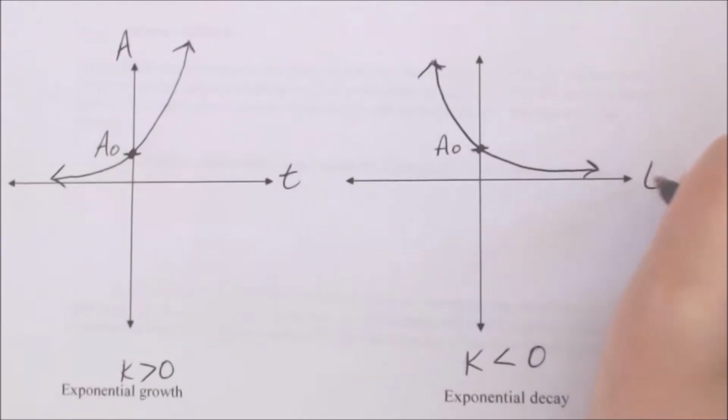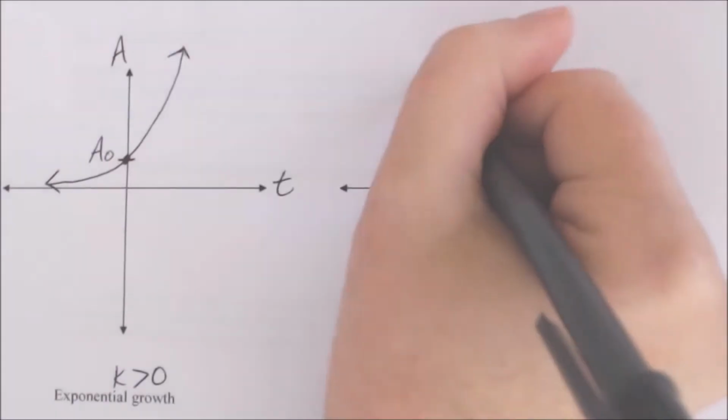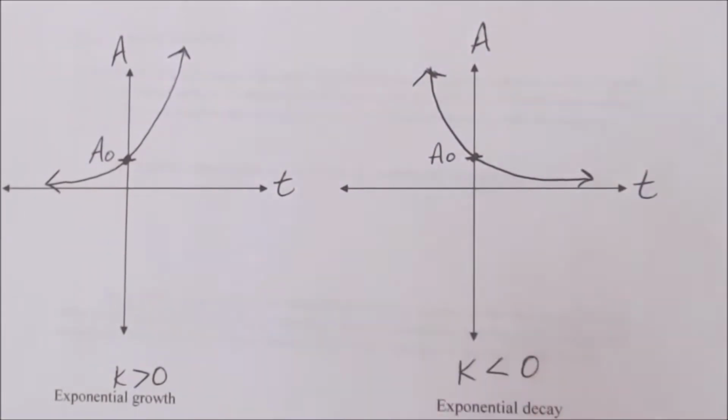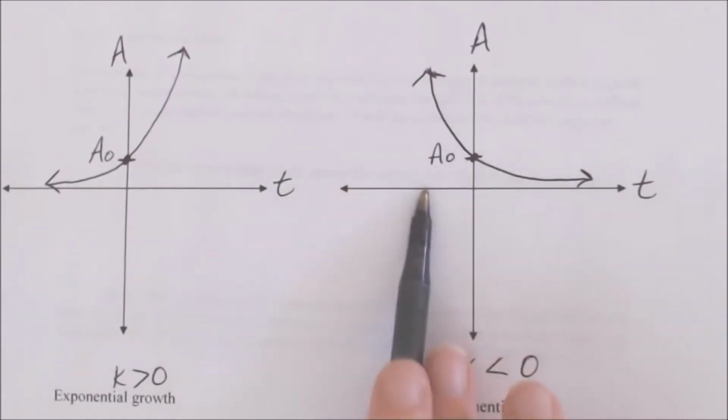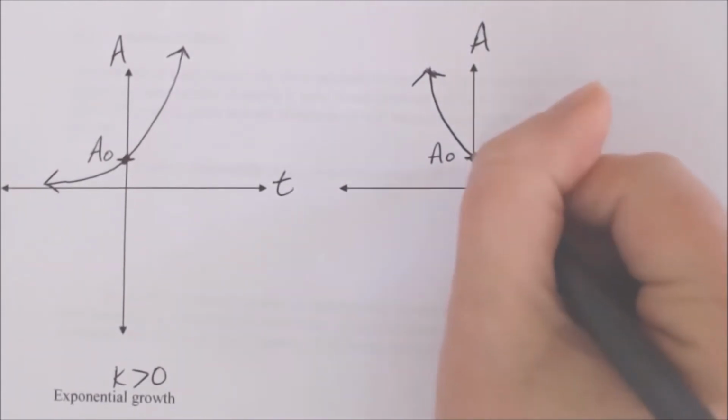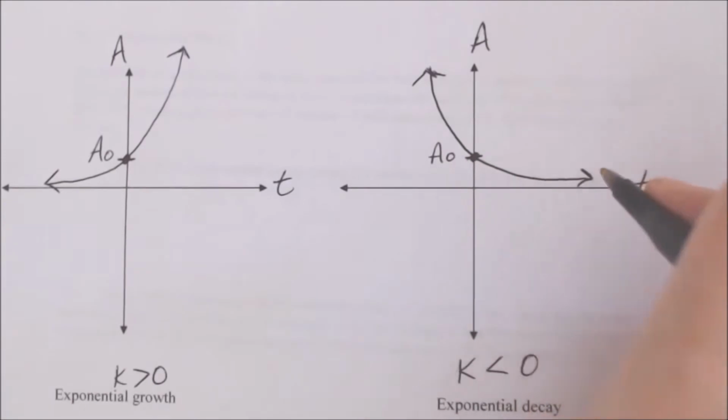The x-axis is still time, and the y-axis is still your amount, A, whatever that is that we're measuring, okay? And again, we're only going to care about when time is positive, so this left half of the graph we're not even going to really do anything with. All we're going to worry about is from the initial value out.